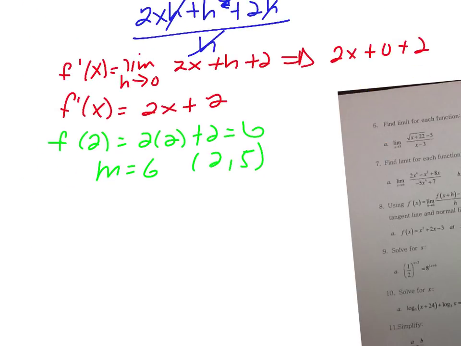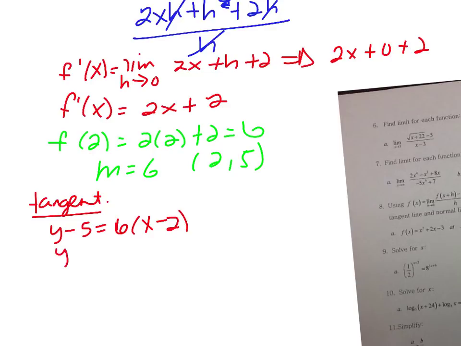All right, so now we're going to come up with the tangent line. So that is y minus 5 equals 6 times x minus 2. That's y minus 5 equals 6x minus 12. y minus 6x equals, add 5 to both sides, and we get negative 12 plus 5, which is negative 7.